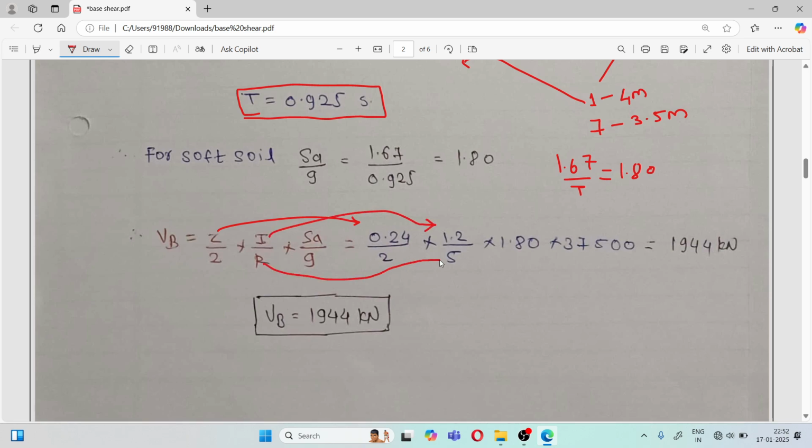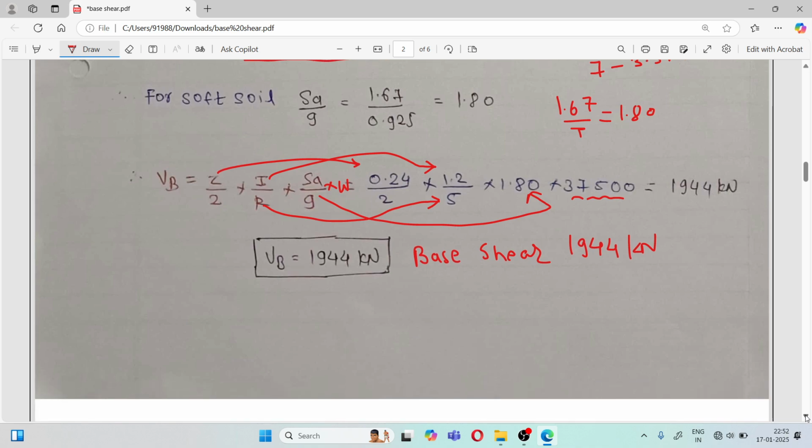Response reduction factor is 5 for a special moment resisting RCC frame, and Sa by g is 1.80, multiplied by W, which is 37,500. So my base shear is 1944 kilonewton. Many of you know up to this.